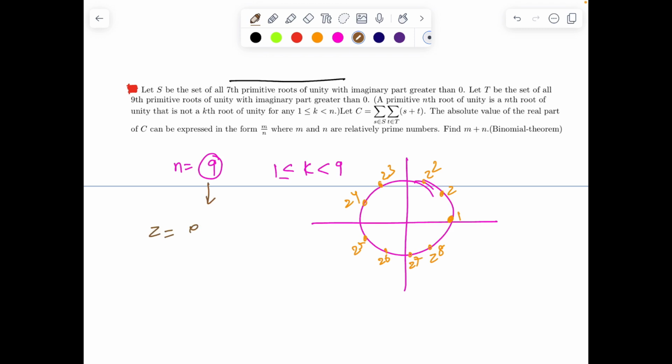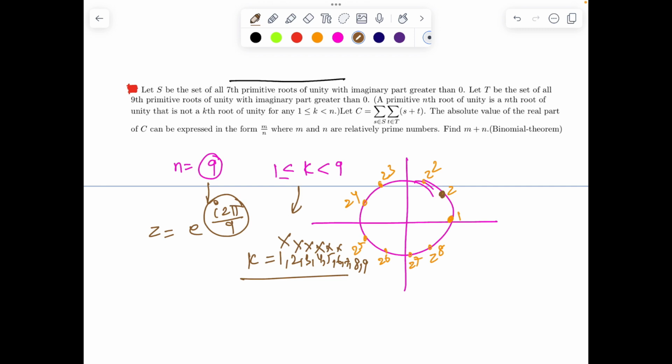Clearly not, because for any 9th root of unity, the z value I can write as e to the power i 2 pi by 9. Now is this z a kth root of unity for any k? For example, k can be 1, 2, 3, 4, 5, 6, 7, 8 and 9. It means this z should not be the first root of unity, of course the first root is 1.